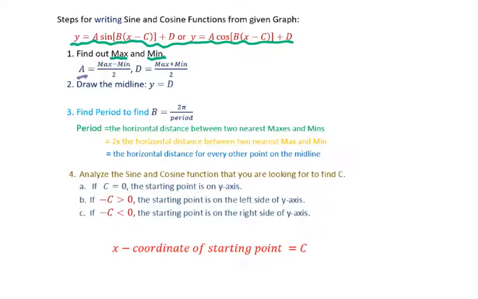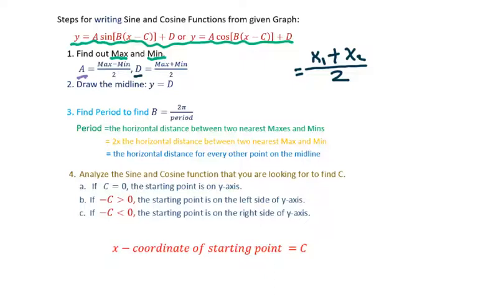For D, that's the midline. So basically it's a midpoint. We know that x1 plus x2 over 2 is how you get a midpoint. Therefore, you get maximum plus minimum over 2. Let's get the midpoint between the maximum value and the minimum value.